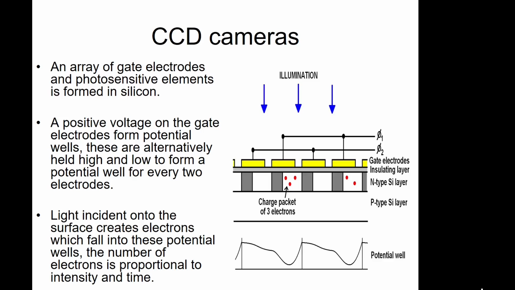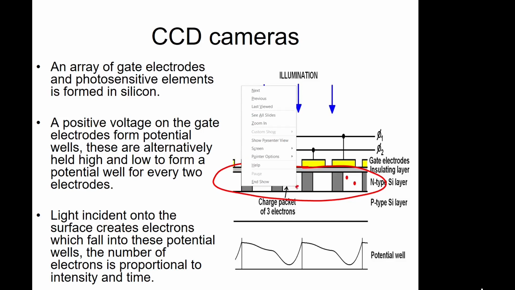So a very quick overview of how cameras work. You have a piece of silicon that is doped, N-type and P-type doping, and when you've got a series of electrodes on this, you can create some potential wells. The purpose of these potential wells is that when a photon comes onto the material, it creates an electron, and this electron is held in position at that part of the material because of this potential well.